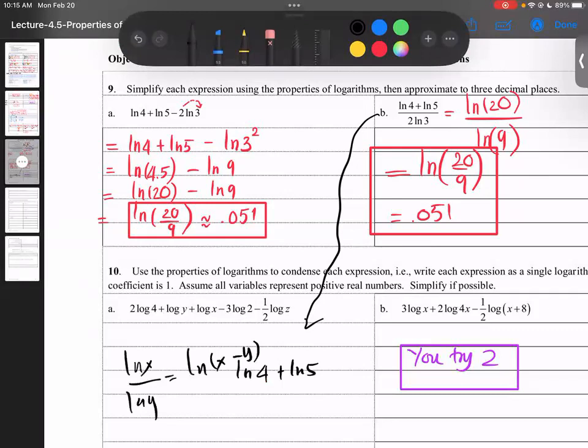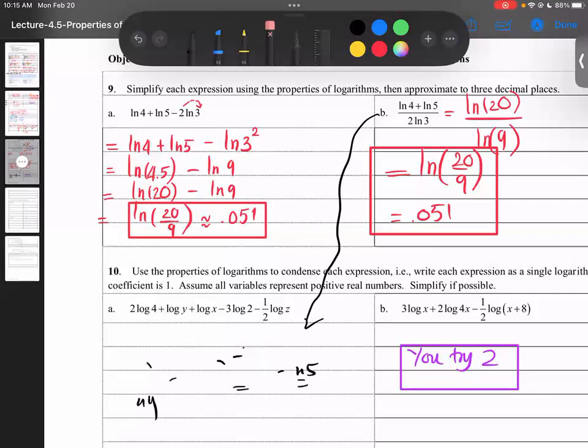The reason I don't like it is because there's a plus between the ln, right? That's why, here I only have one ln, but here I have two of them, and then the plus in between. Let's just do it that way.